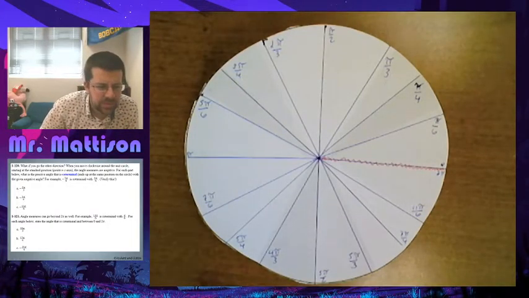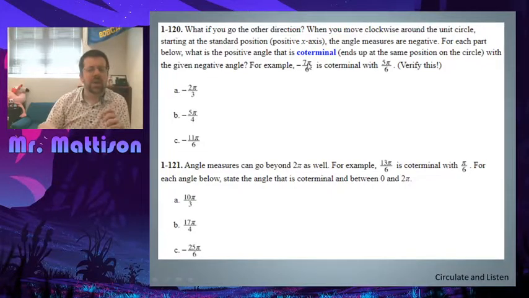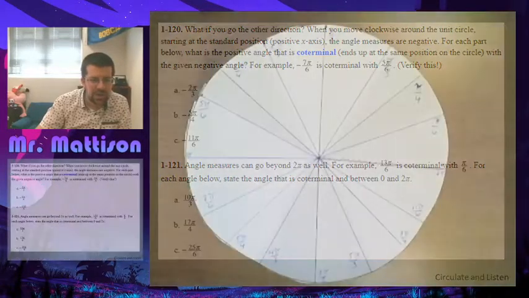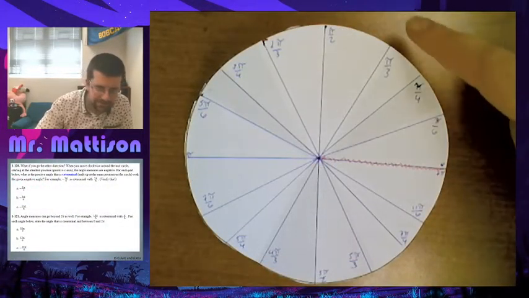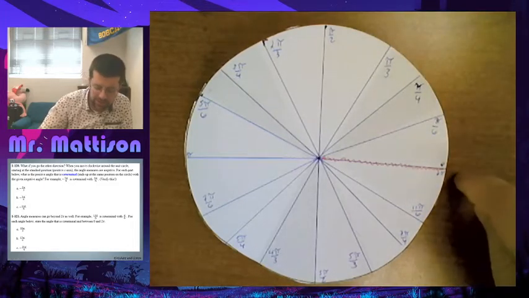So it's going to ask us, what angle is coterminal? Say 5 pi over 6 is coterminal with negative 7 pi over 6. Now, we haven't really dealt with these negative angles yet, but let's think about it. If the positive angle is going in this counterclockwise direction, a negative angle will just go in the clockwise direction from the same starting point.